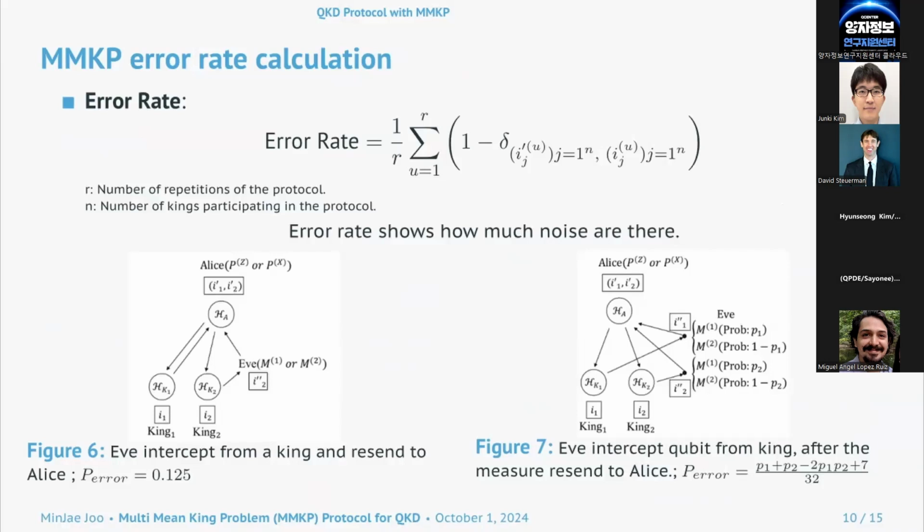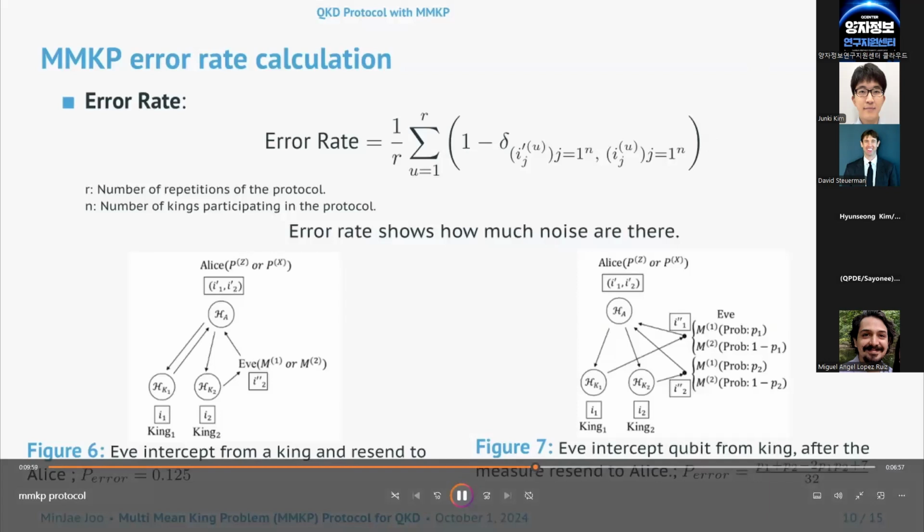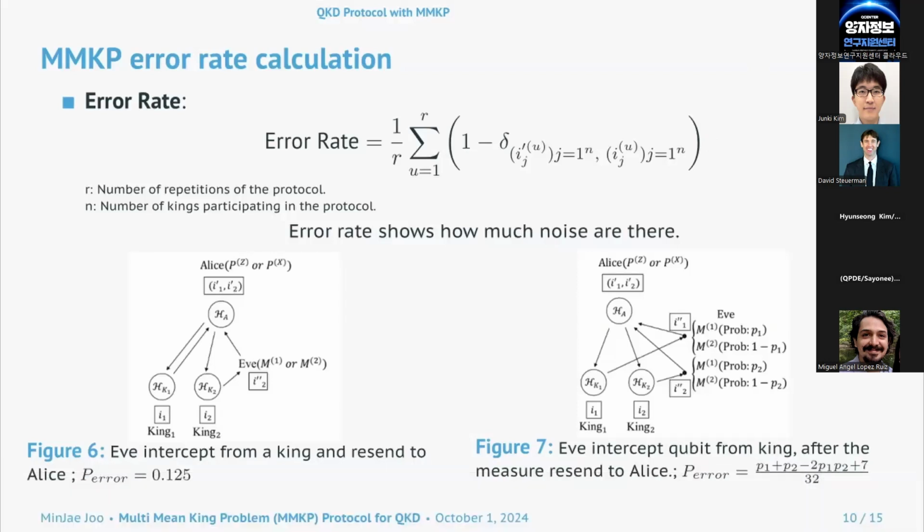When both P1 and P2 are 1, the error rate is 1/4. When both P1 and P2 are 0, the error rate is 7/32. This shows how the actions of an eavesdropper can introduce varying levels of errors into the protocol.